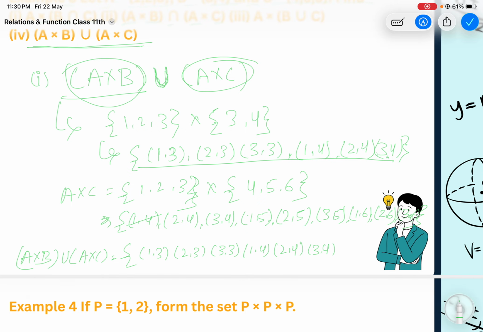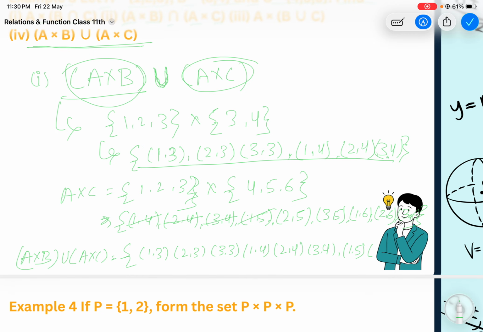So we have written (1, 4), (2, 4), (3, 4). (1, 5) we have left, (2, 5) is also left, (3, 5) is left, (1, 6) left, (2, 6) is also left, and (3, 6).